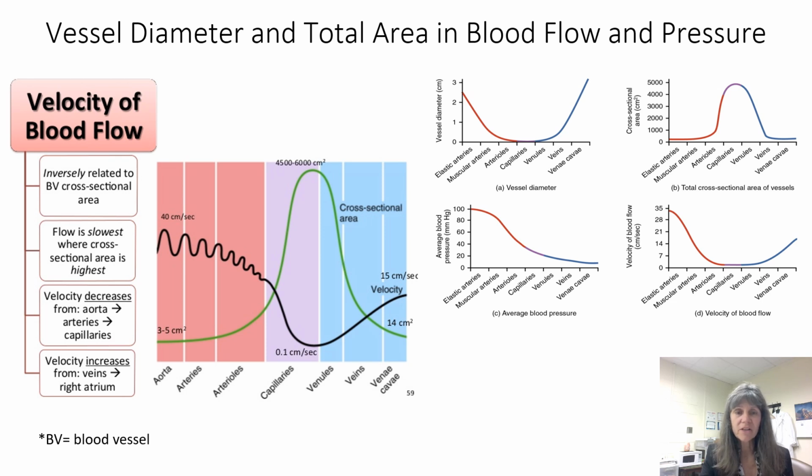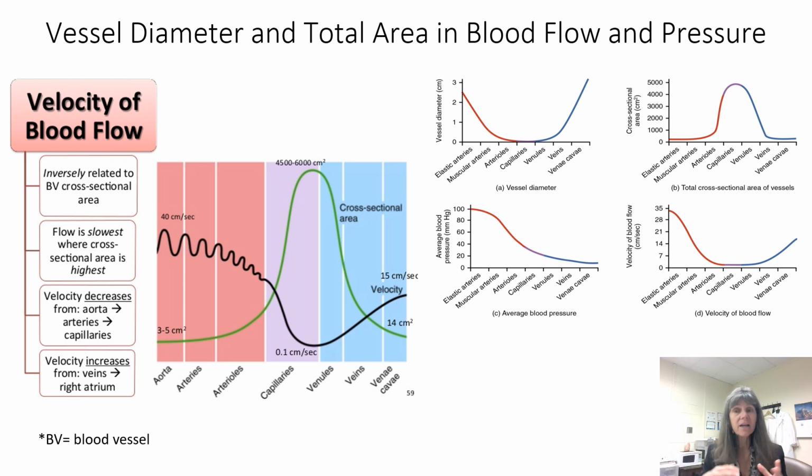So the reason that the total cross-sectional area of blood vessels is greater when we start going from arterioles to capillaries and then back through venules and veins, it gets smaller again, is because we've got a lot of those little vessels.